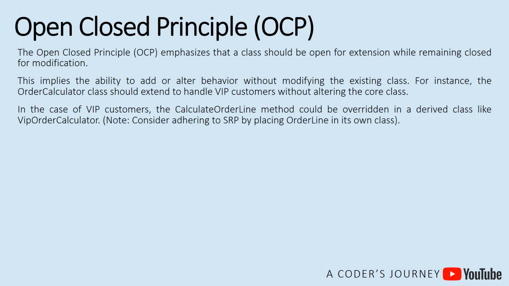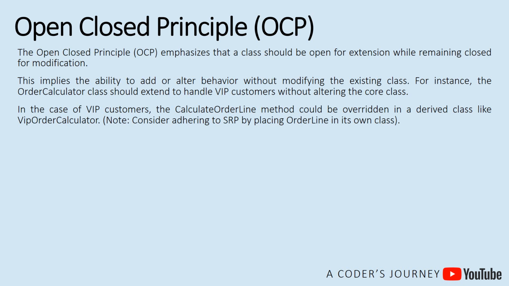In the case of VIP customers, the calculate order line method could be overridden in a derived class, like VIP order calculator. So if I want to implement a new feature to cover VIP customers, I'm not going to change the calculate order line method in the base order class. What I am going to do is create a new class called VIP order calculator and then override calculate order line in that new class.